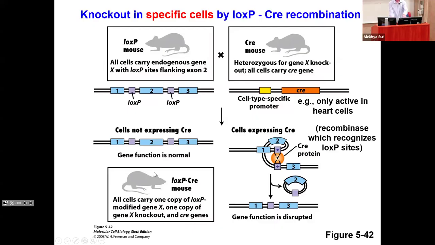So what you do here with the Cre-lox system is on the left side, you see the gene most likely consists of different exons. So 1, 2, 3.